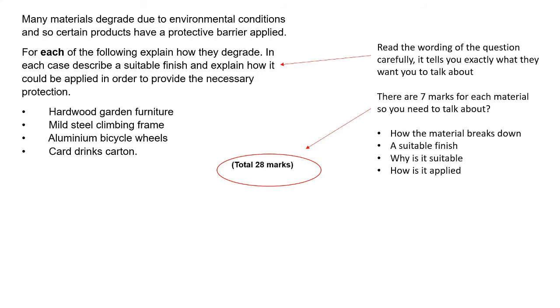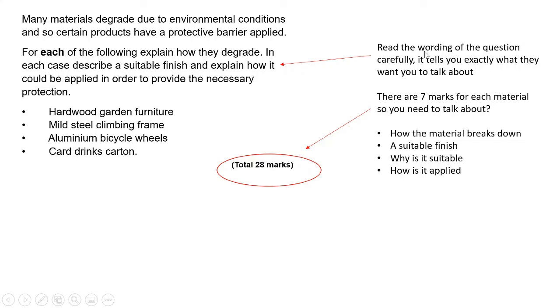Next question. Many materials degrade due to environmental conditions, and so certain products have a protective barrier applied. For each of the following, explain how they degrade. In each case, describe a suitable finish and explain how it could be applied in order to provide the necessary protection. So hardwood garden furniture, mild steel climbing frame, aluminium bicycle wheels, card drink carton. So again, same as the first question.